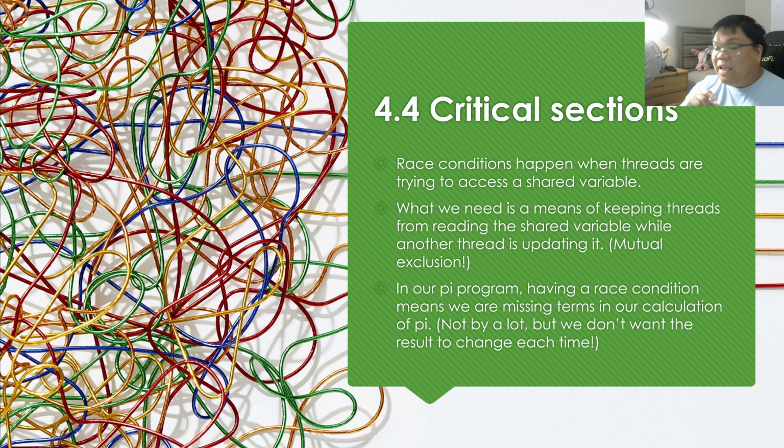In our pi estimating program, having a race condition means we are missing terms in our calculation of pi. Not a lot, but at the same time, this is bad because now we have a non-deterministic program. The result of our estimate is going to change every time we run the program, which is bad, because we want it to produce the same result every single time.